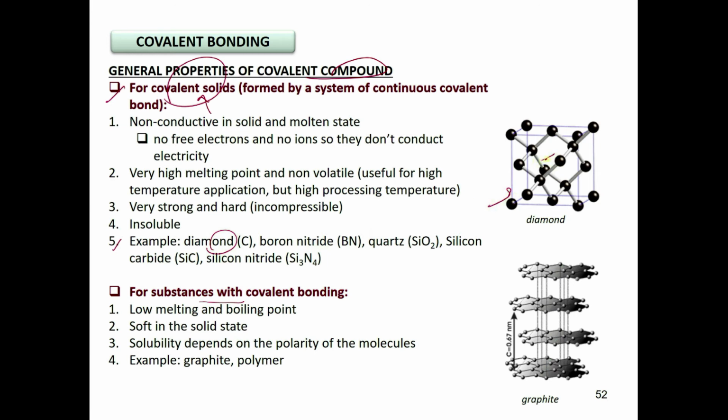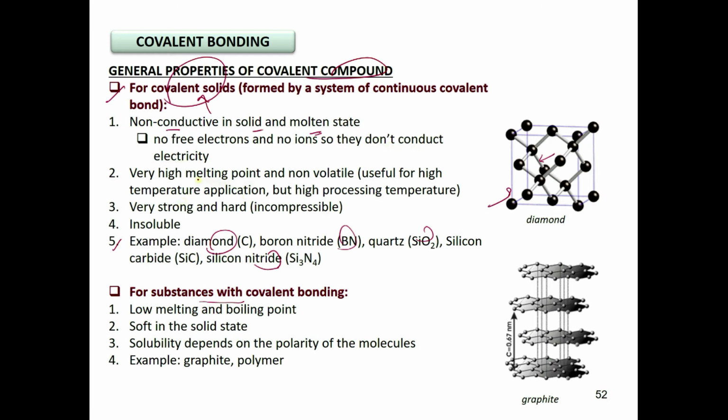You see at this particular carbon atom, it is from covalent bonding. Boron nitride or quartz, silicon nitride or silicon carbide, mostly show non-conductive behavior in solid and molten state because there are no free electrons and ions. So this material is not able to conduct electricity.